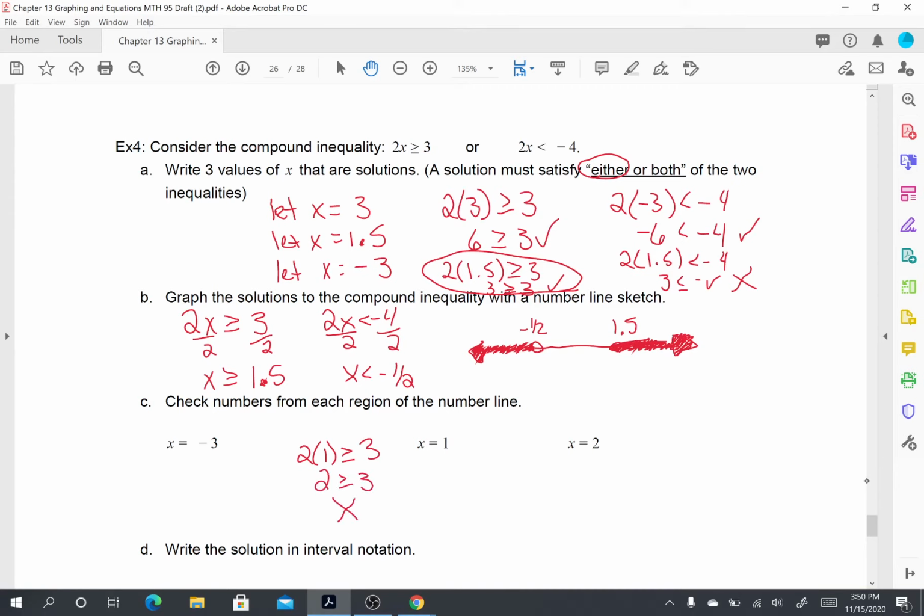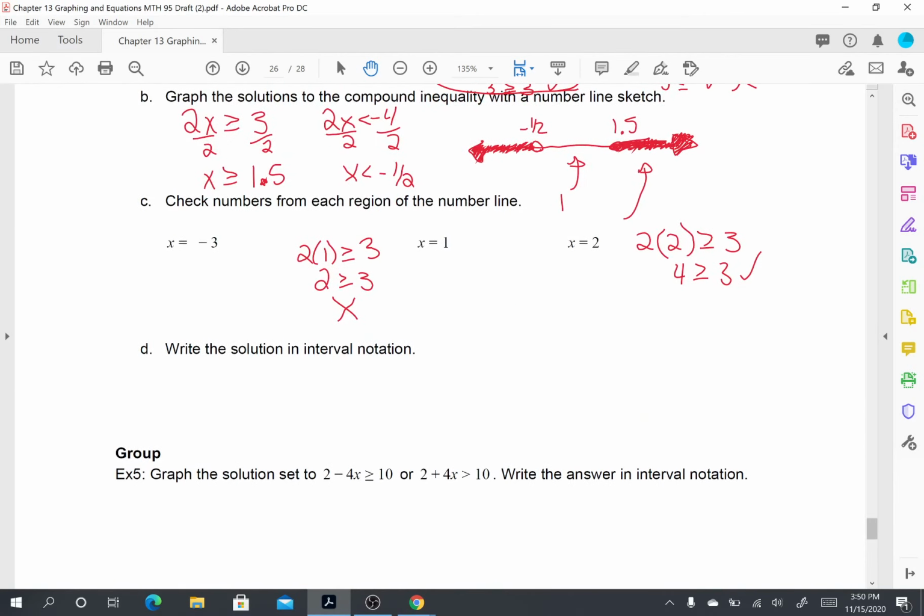No. So 1 does not work, and 1 would have fallen in this region that we are saying doesn't work, so that's a good thing. And if we check 2, we're hoping that 2 works because 2 is over here. So let's check 2. 2 times 2 is greater than or equal to 3. 4 is greater than or equal to 3. Yes, 2 is working.